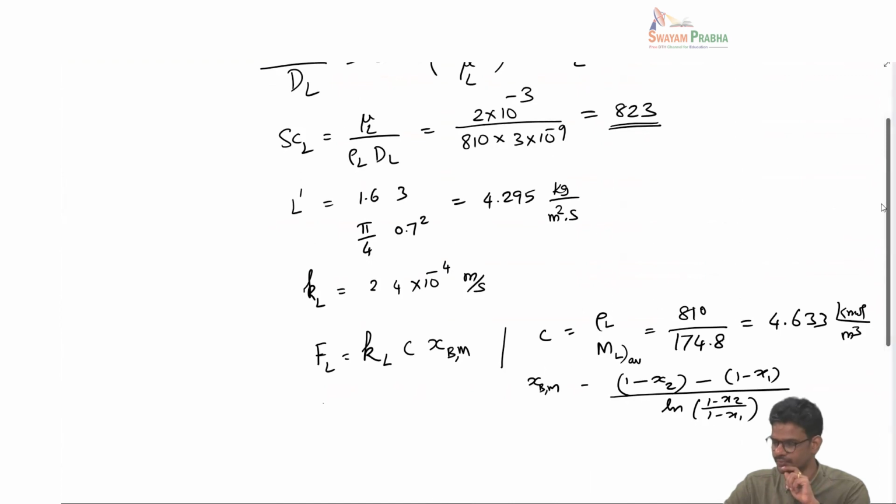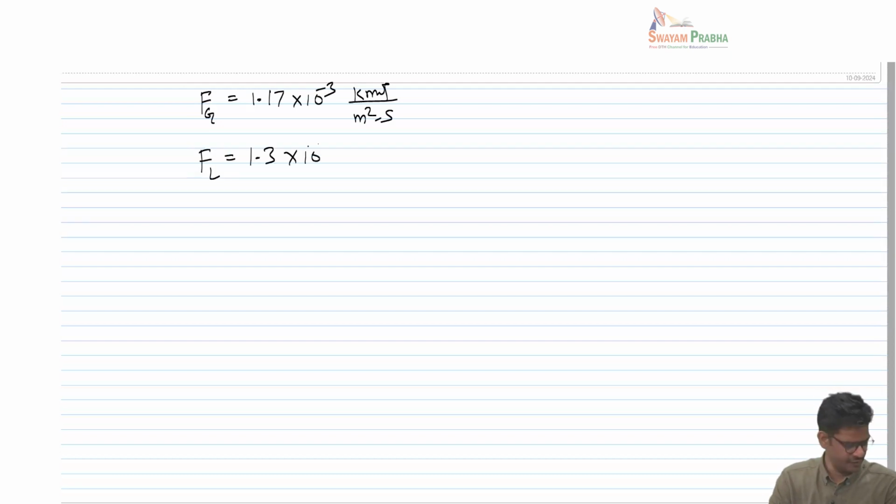Okay, so the values that you should get: FG was 1.17 into 10 power minus 3 kilomole per meter square second, and FL would be 1.3 into 10 power minus 3 kilomole per meter square second.